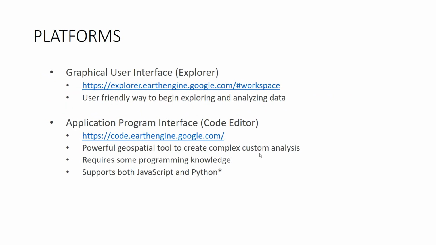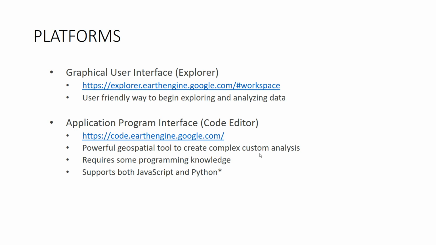Okay, the two different platforms that we talked about. The first one is the graphical user interface, where you just have to go and explore what's there, what it is that Google Earth Engine is offering to you. Most especially if you want to use Google Earth Engine for your research project or any project.